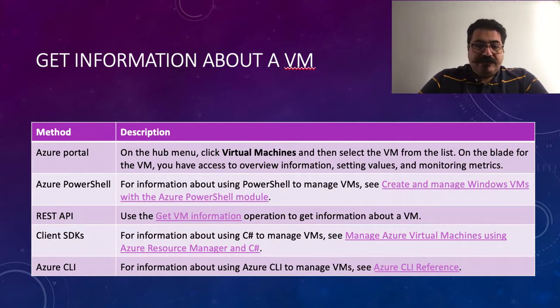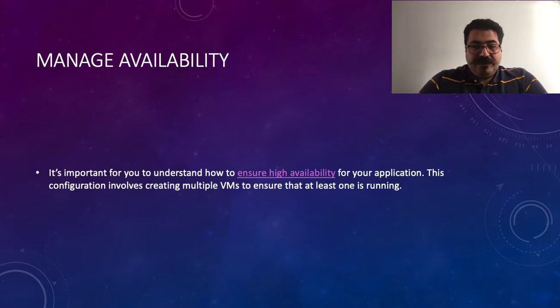Let's talk a little bit about managing the availability of your virtual machine. It's important for you to understand how to ensure high availability for your application. This configuration involves creating multiple VMs to ensure that at least one is running.